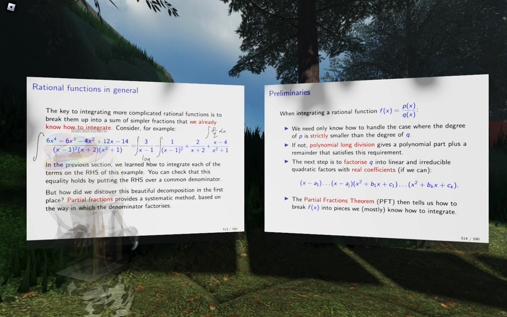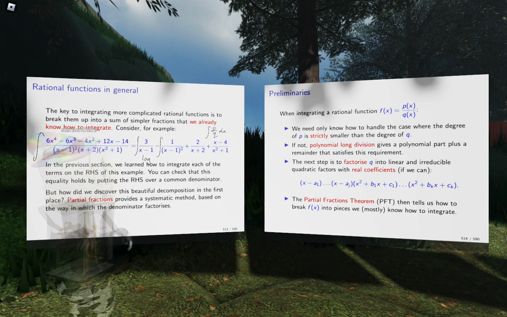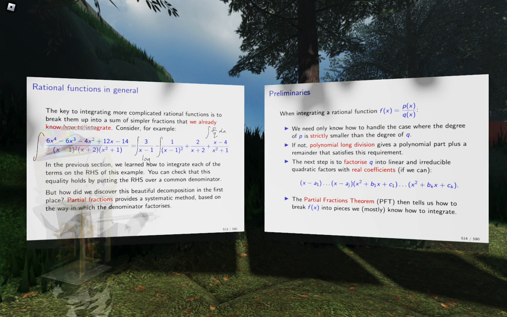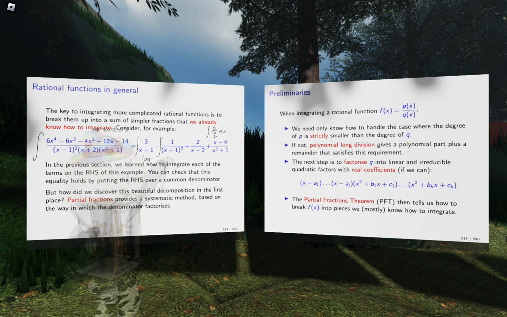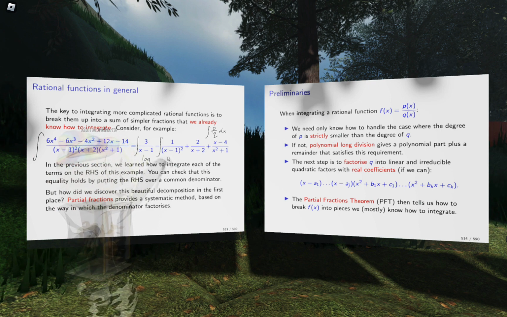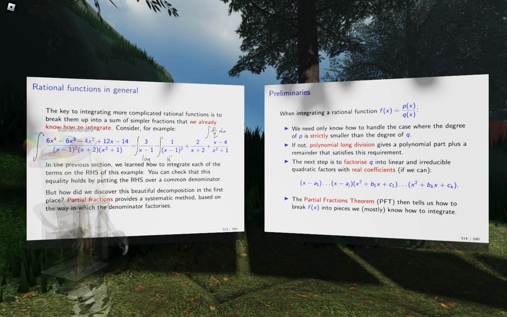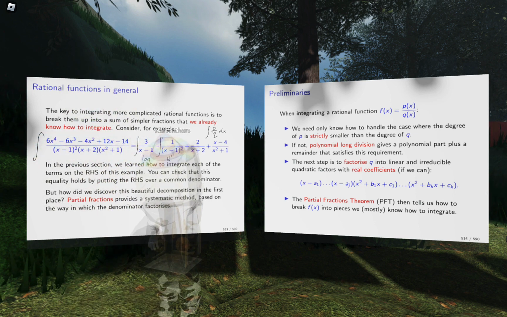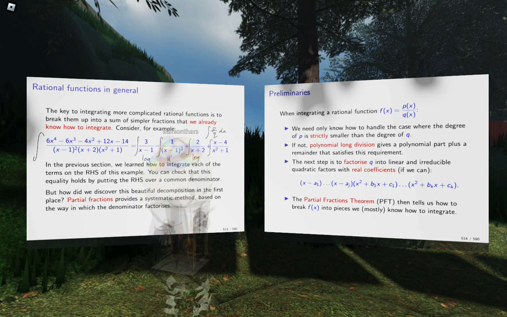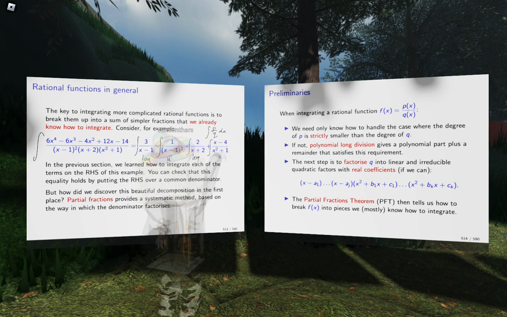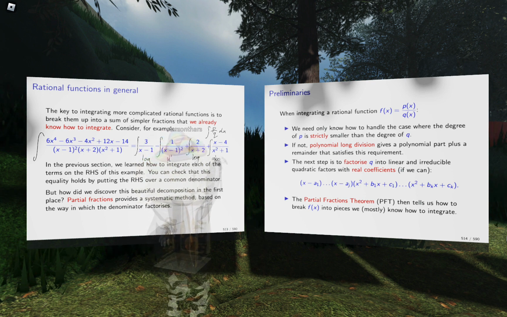That'll be 1 divided by u squared when I make a substitution. That's easy, right? That's u to the minus 2, so that'll give me a 1 over u for some u. This again will give me a logarithm. And this here, well, that's an irreducible quadratic, and that's linear, so that will be the thing we just did.